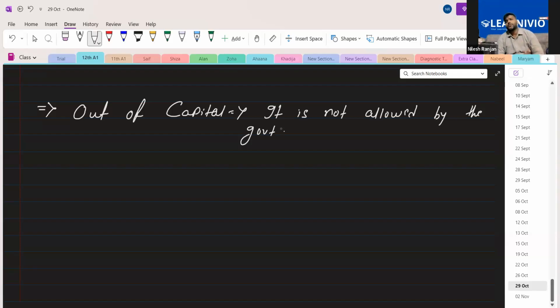It is not allowed that 100% out of capital you cannot redeem your debenture.